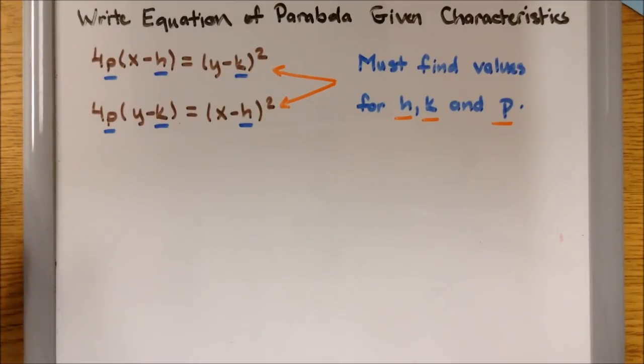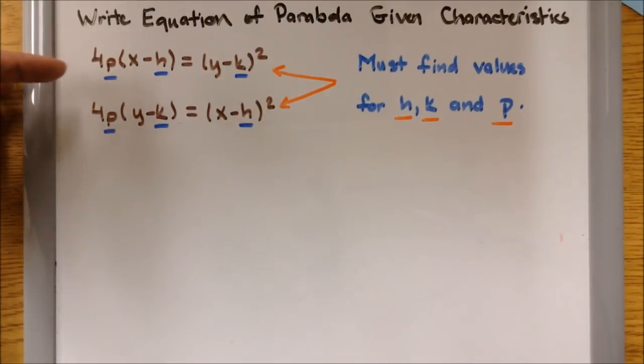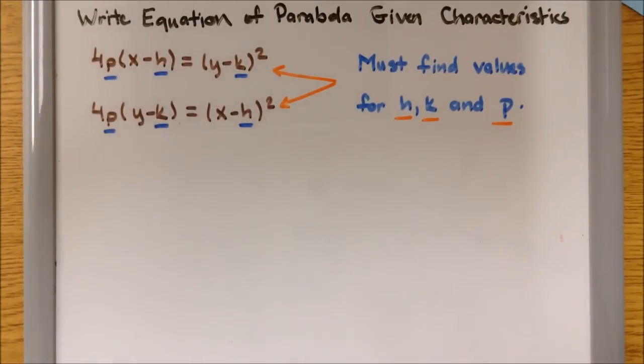It won't tell you which equation to use, therefore it won't tell you the correct process when it comes to vertex, focus, axis of symmetry, and the directrix. If your 4p value is 1, meaning it might have just an invisible 1 and you don't have parentheses on it, then it won't help your work, and you might get the wrong values for h, k, and p, and therefore the wrong vertex, focus, directrix, and axis of symmetry.